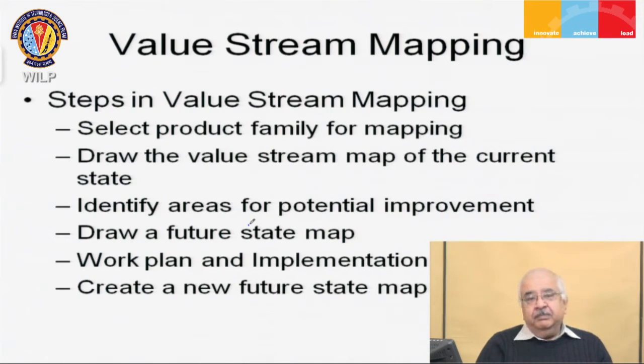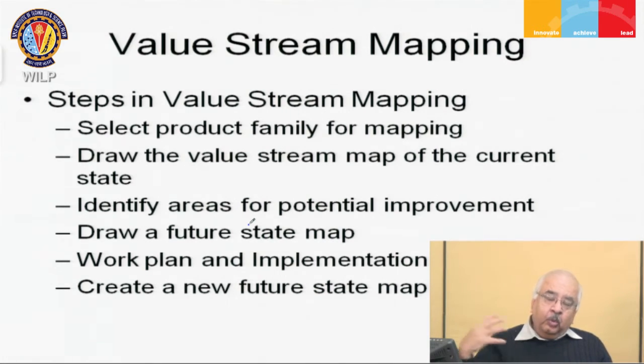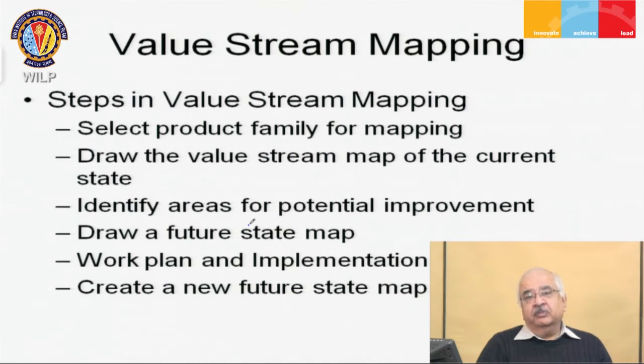The second step is to draw what the current state of that value stream map is. That means you would walk through your plant to see exactly what is happening on the shop floor to this particular product family and map that particular flow of material and information.